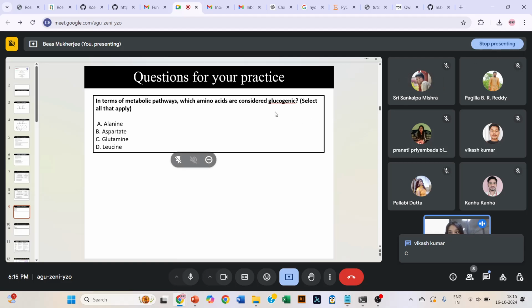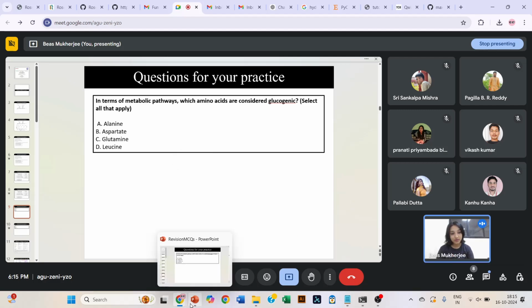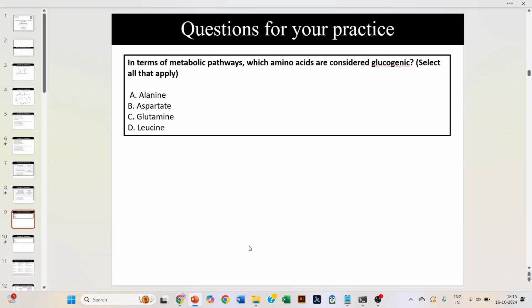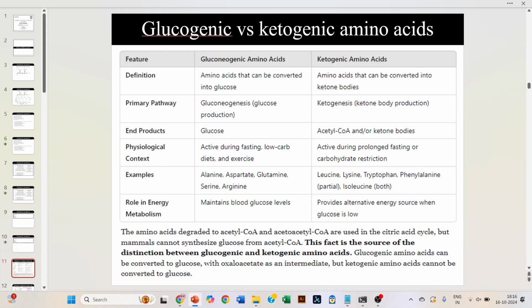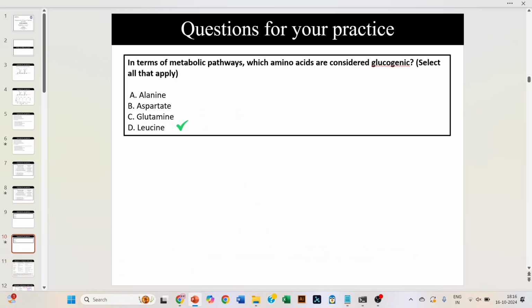Glutamine. So you're saying that which all amino acids are considered glucogenic. Okay. All right. So the thing is, I think the question should be in this way, which is not considered glucogenic, because glutamine, alanine, aspartate, these are all basically glucogenic.